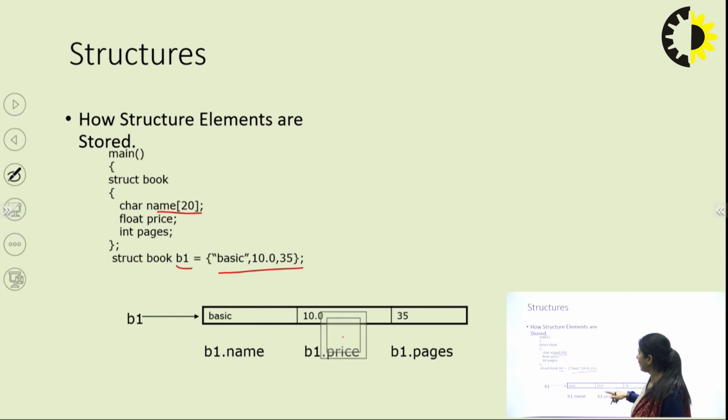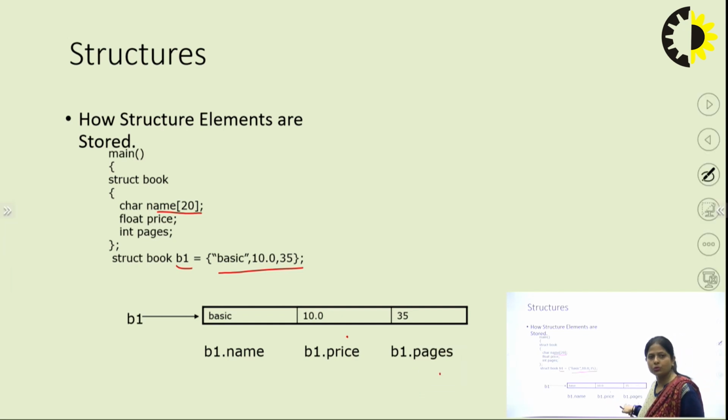Then second, if a float is taking 4 bytes, it is going to consume 4 bytes over here. Integer, if it is taking 2 bytes, it is going to consume 2 bytes over here, right. So, that is how these values will be initialized and will be allocated to the variable B1, right.